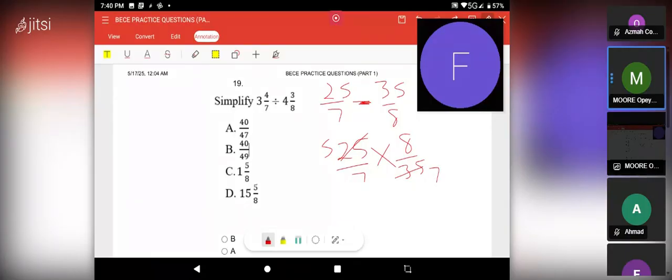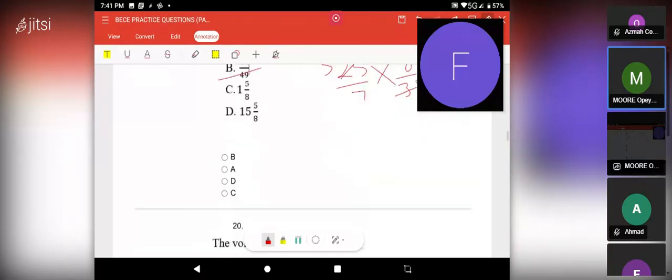Do they still have anything in common? No, sir. So numerator multiply numerator, 5 times 8, over 5 times 7, 8 times 5 is 40. Over 7. That is the answer. I think that is option B.